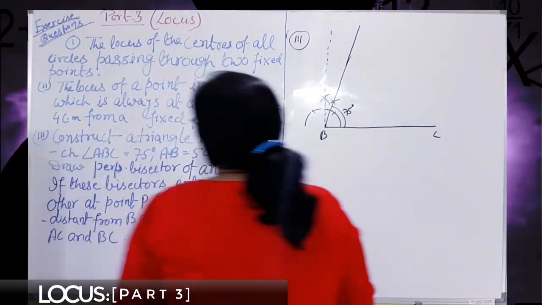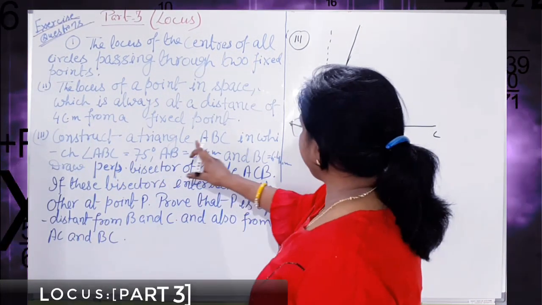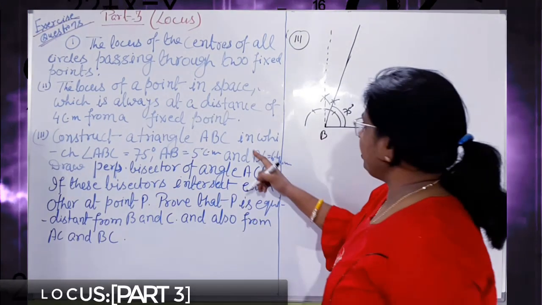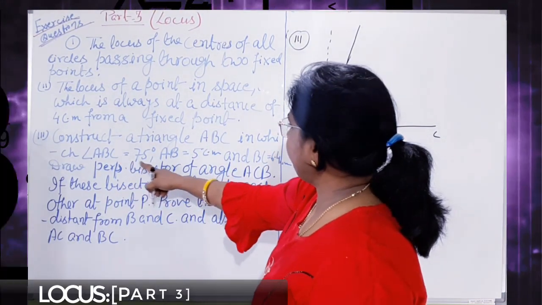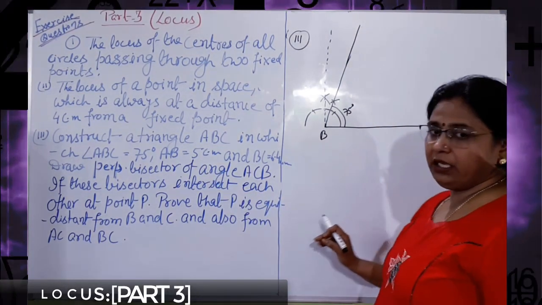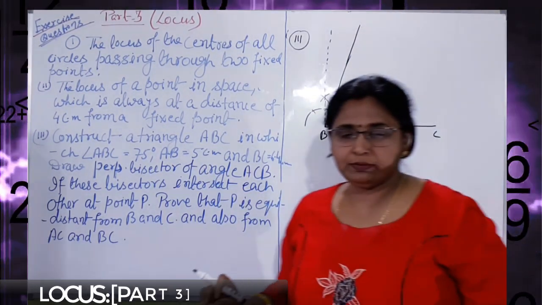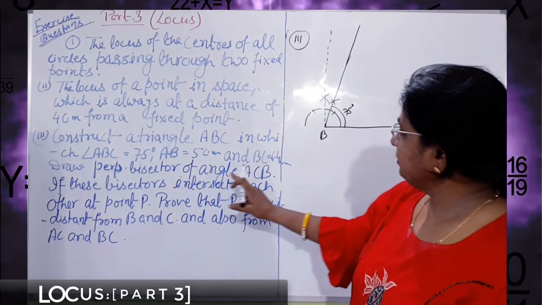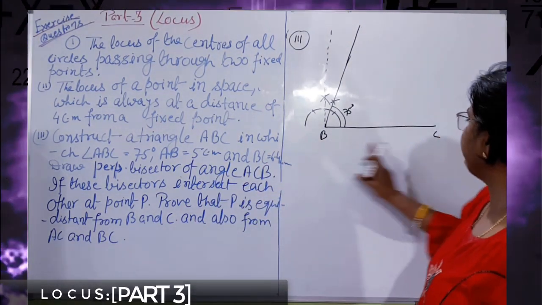Now the second part: construct a triangle ABC in which angle ABC is 75 degrees, AB is 5 centimeters and BC is 6.4 centimeters.